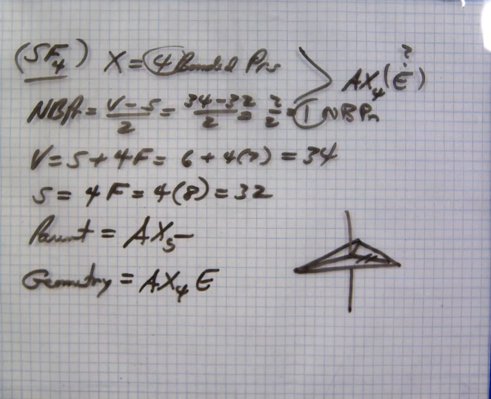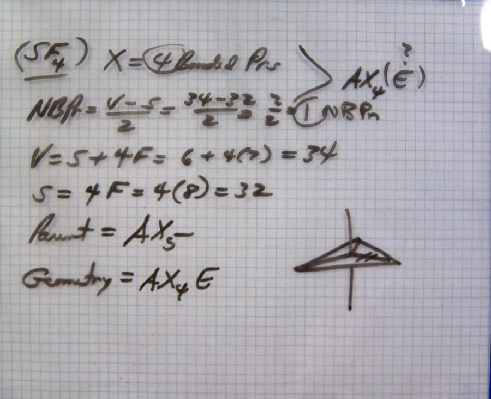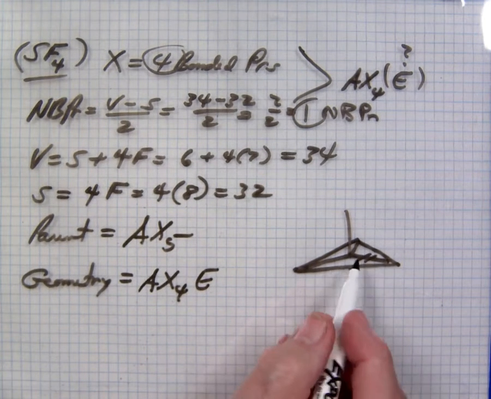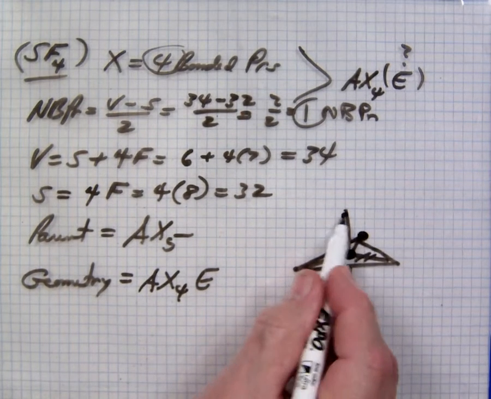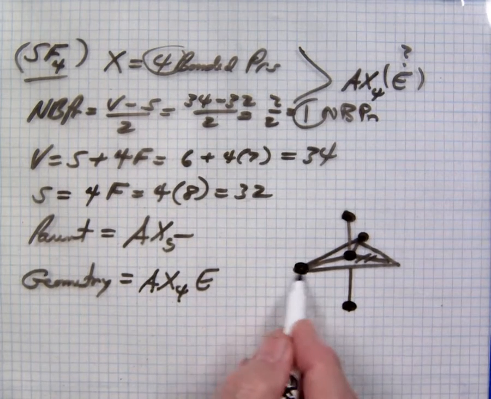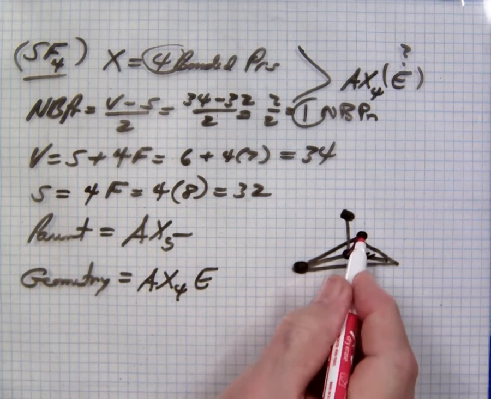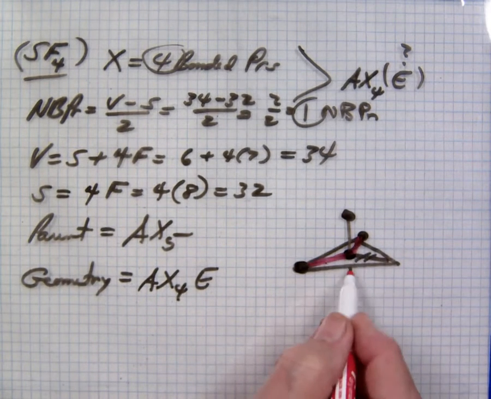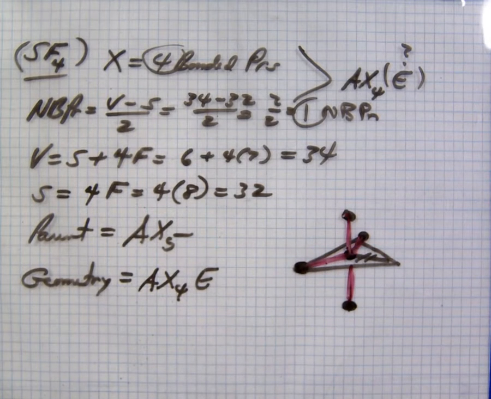Okay, back to this one. So if we only have one non-bonded pair, so I'll just pick out one of the bonds there. Everything else is a bonded pair. So when I draw the graphic around this one here, you can see in the handout that I gave you, this is called a seesaw geometry.